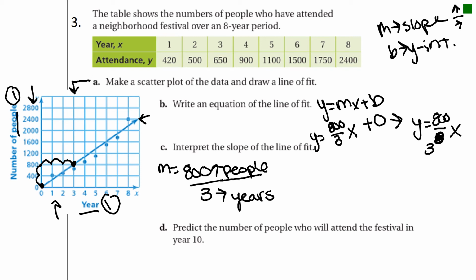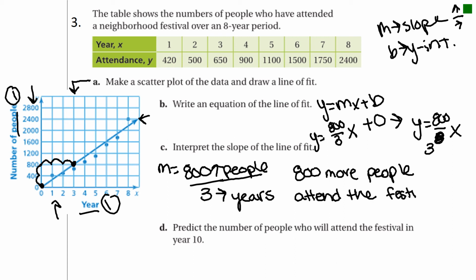The number of people who attend the festival rises 800 people every 3 years. 800 more people attend the festival every 3 years. It's just super important that you remember that 800 is people, because that was the y change, and 3 is years, because that was the x change.